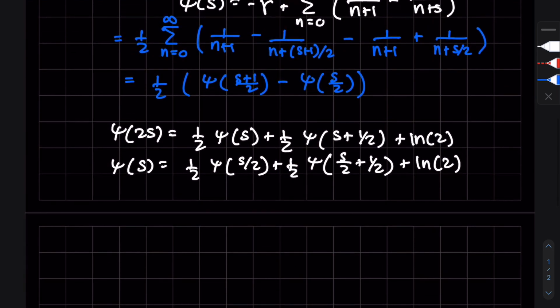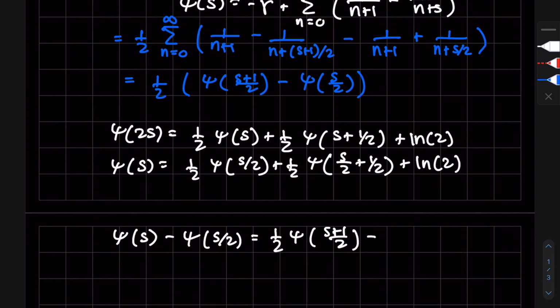We can see that digamma of s minus the digamma of s over 2 from this formula are just going to be 1/2 digamma of s plus 1 over 2 minus a 1 and a half, or minus 1.5, will give you a minus half digamma of s over 2 plus natural log of 2.